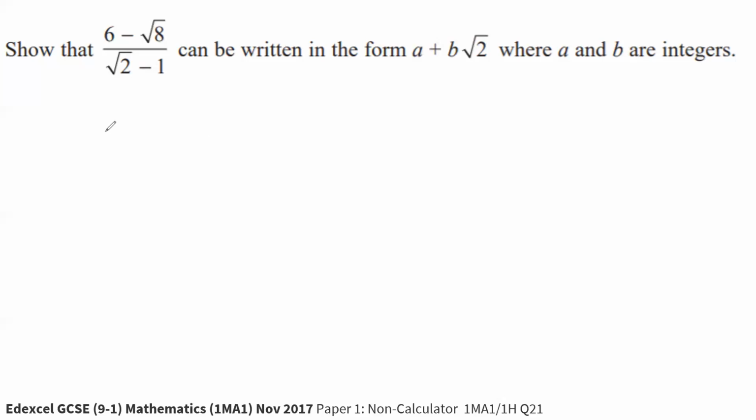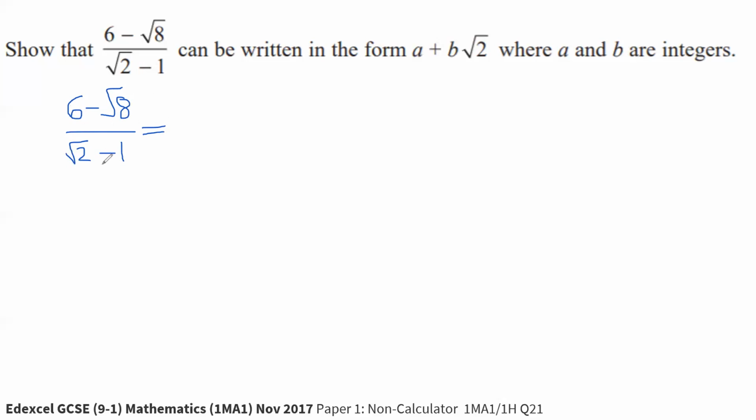So if we look at this question, we've got 6 minus root 8, and that's all over root 2 minus 1. Now, to rationalize the denominator, the idea is that we don't like having surds on the bottom of the fraction because it's really difficult to deal with.